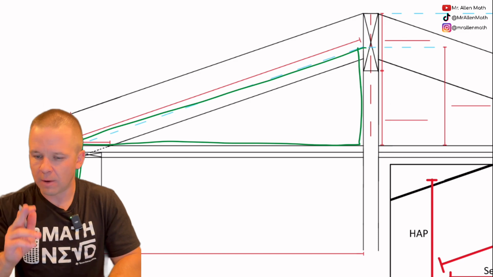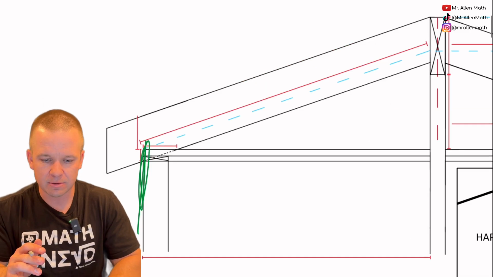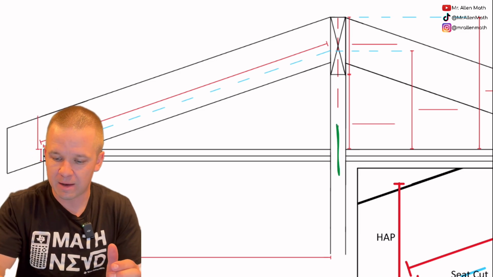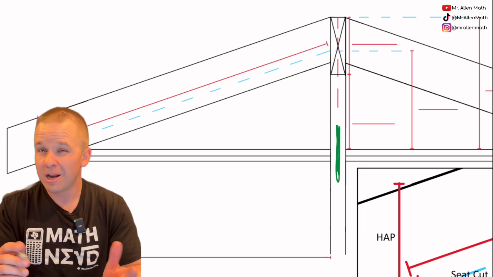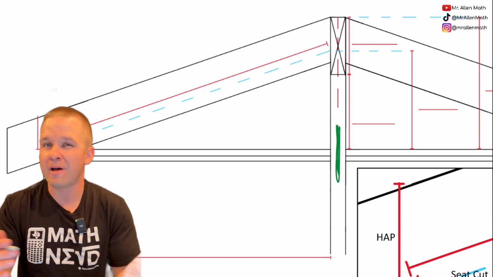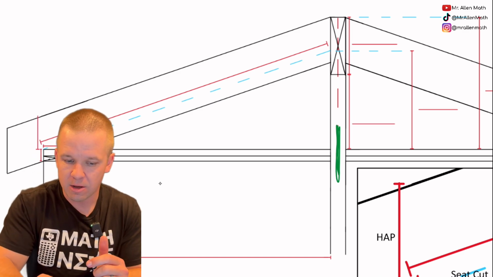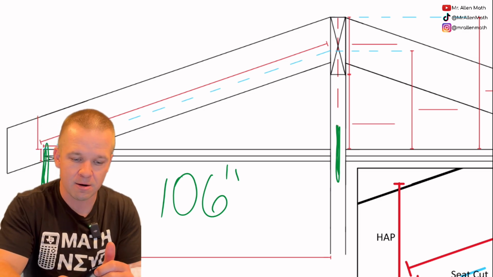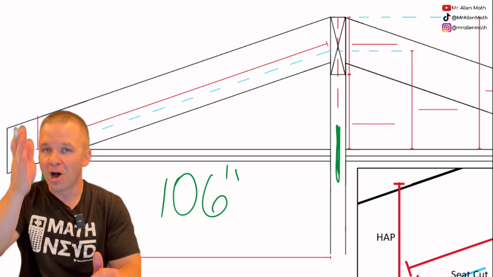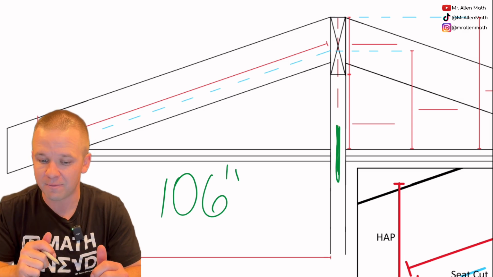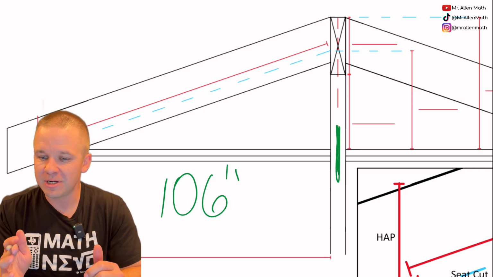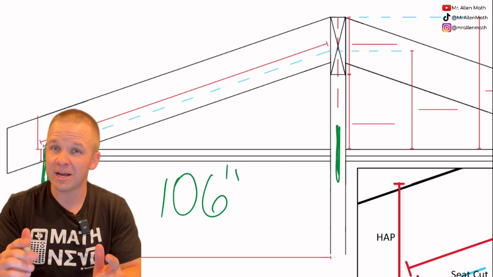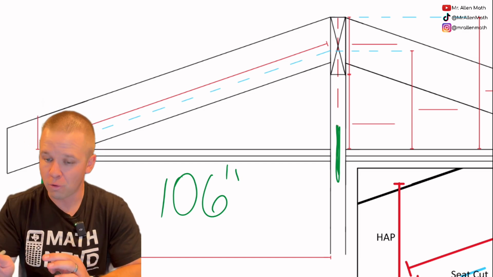A couple ways that you can go about doing this. I can cut this thing in half, which would land me right here. If I do that, 212, half of that is 106. So 106 inches to that spot, from the edge right here to the center of my ridge. I also need to subtract off half of my ridge, so I'd be taking off half of 5 1/4 from this.